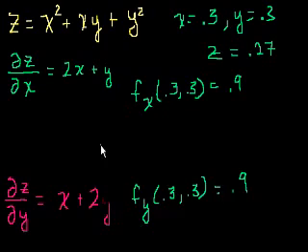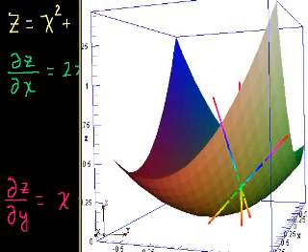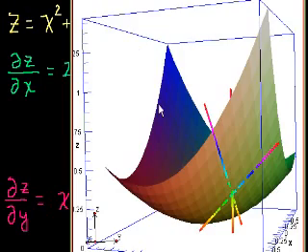So let's see if we can visualize this. So let me bring in my graph. There we go. So this surface, once again, is the surface of z is equal to x squared plus xy plus y squared. And this box is kind of the domain and the x and y dimensions that I defined.